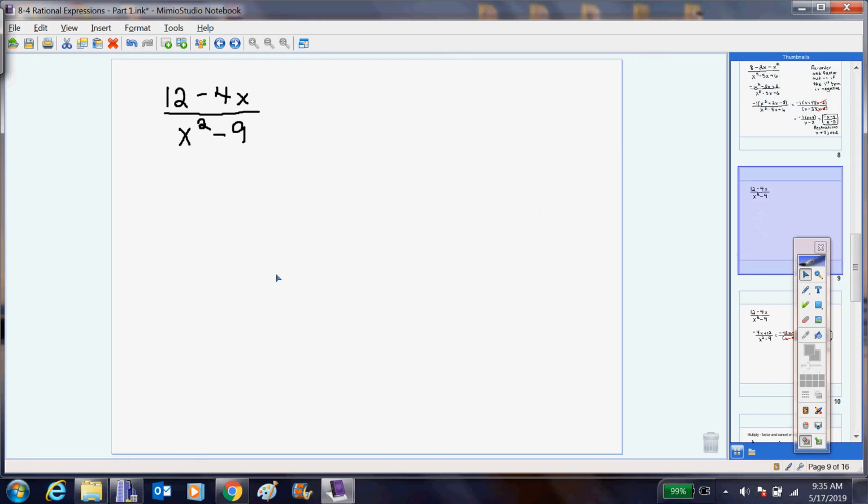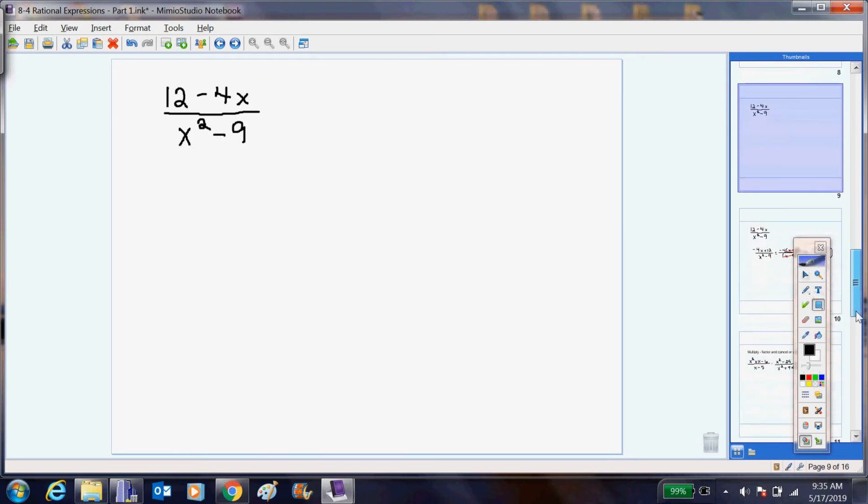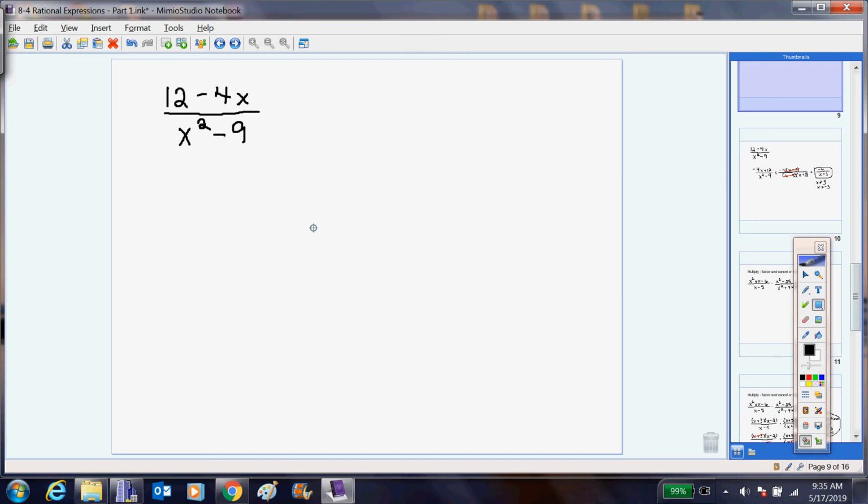All right, and we have this one. And I put this one in because it's one of those types of problems that even though it looks easier, sometimes people get tripped up a little bit on it, because sometimes people forget how to factor the easier ones.